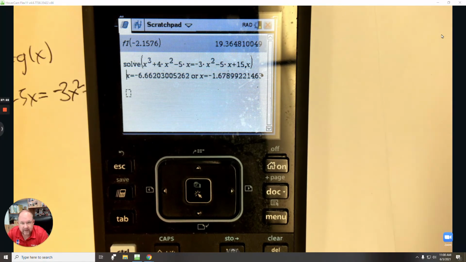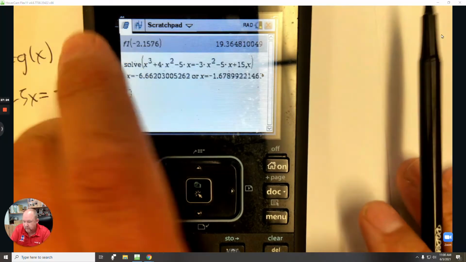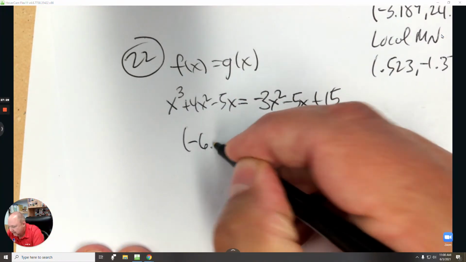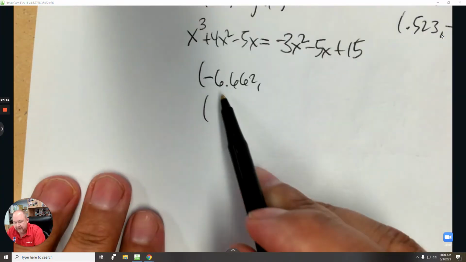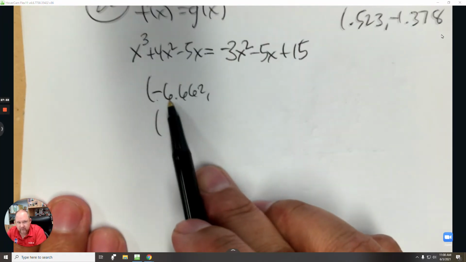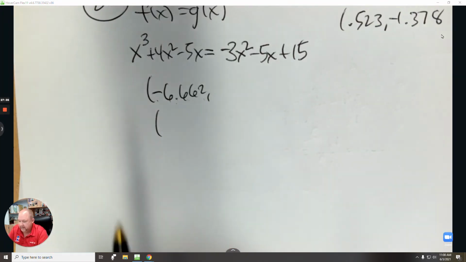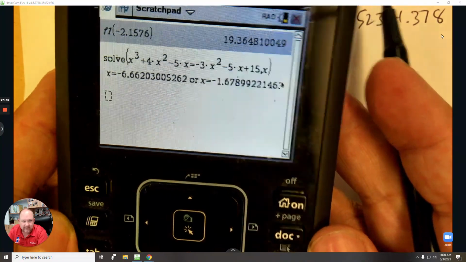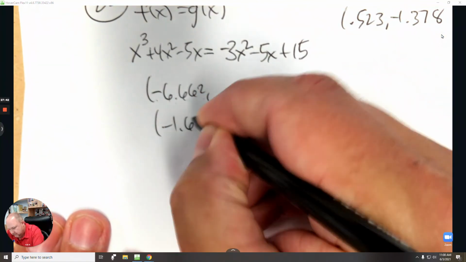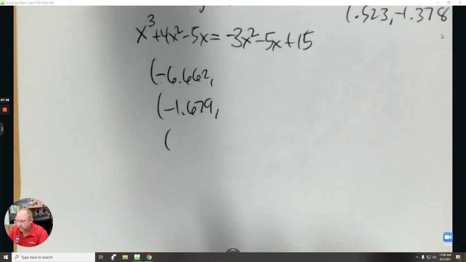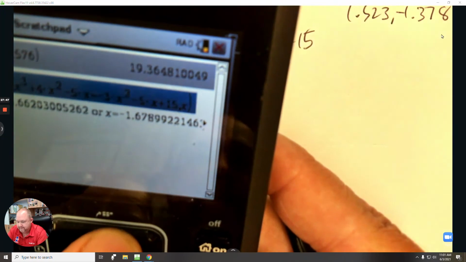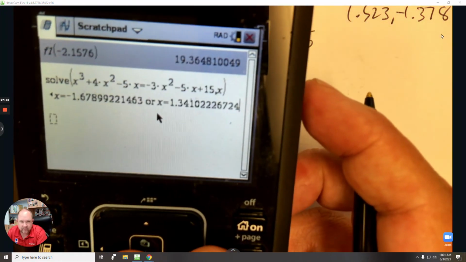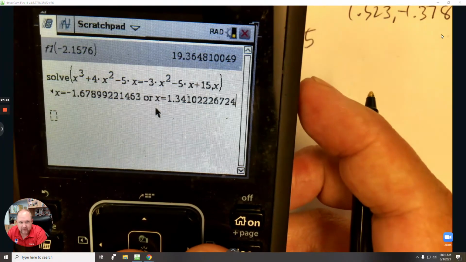They did ask for the points of intersection, so I'll show you how we'll do the y value in a second. So the x answers are negative 6.662, the next one is negative 1.679, and then the last x value where it intersects, so just highlight it and move it to the right, is 1.341.